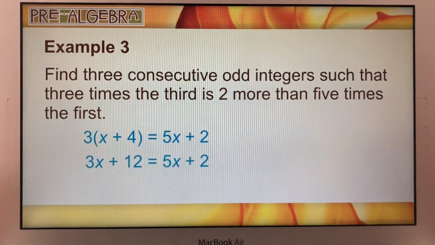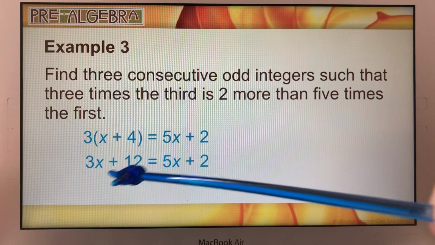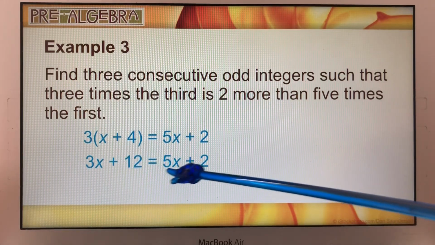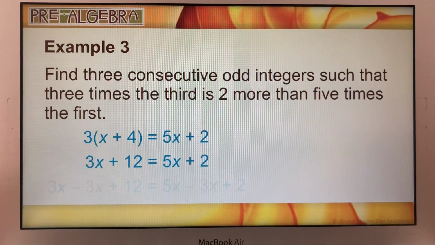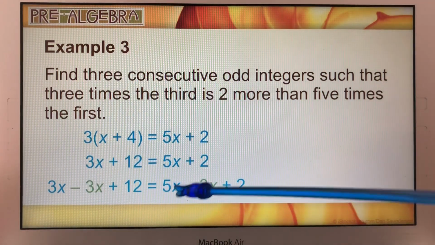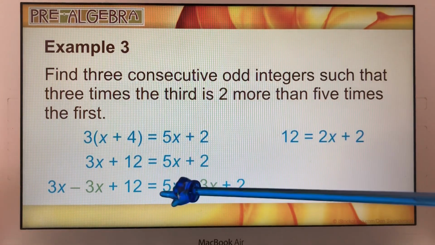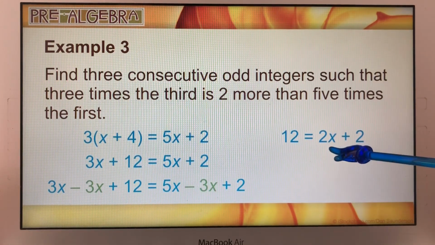So now I just simplify my equation and solve for x. Here I have 3x plus 12 equals 5x plus 2. I'm going to bring my x's over to this side of the equation, and I have 5x minus 3x is equal to 2x.